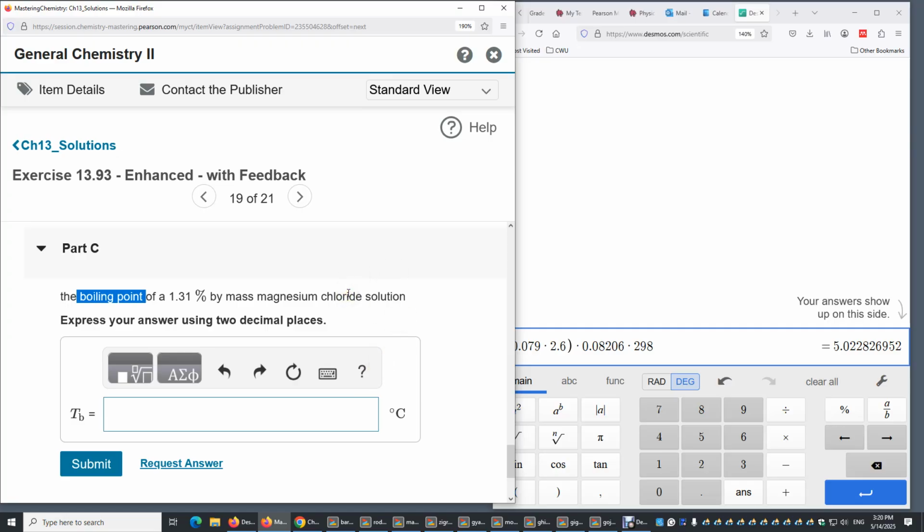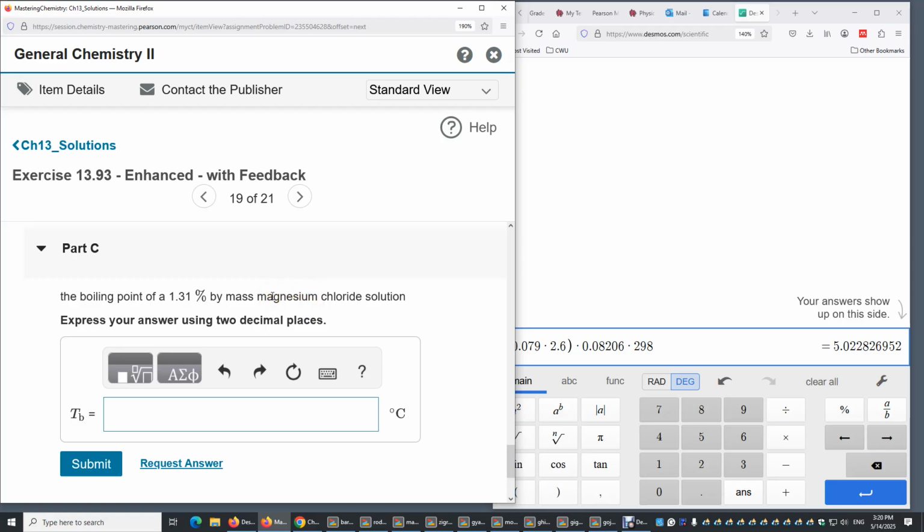We don't have that, but we have this mass percentage. We can assume 100 grams of solution and then 1.31 grams of magnesium chloride.